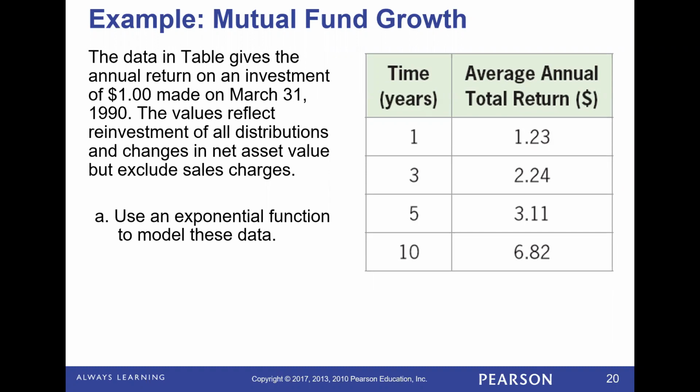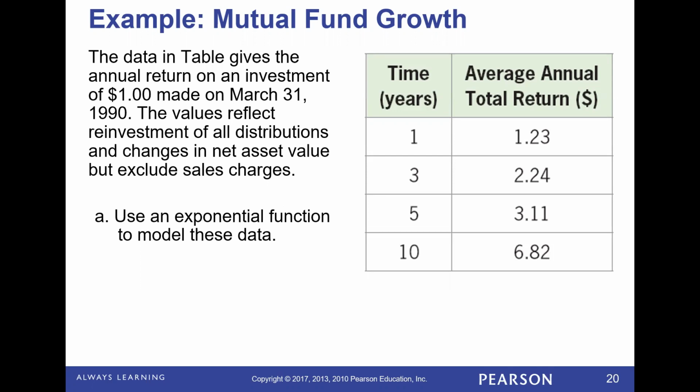And the values reflect reinvestment of all distributions and changes in the net asset value. Now we're going to exclude any sales charges. The reason I say we're excluding sales charges is that if you're investing money, most businesses are going to charge you a fee for reinvesting or anything like that. So we're going to assume this is a perfect world and they're not charging us that, just so we get an idea of how this works.